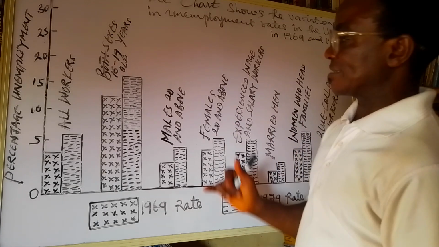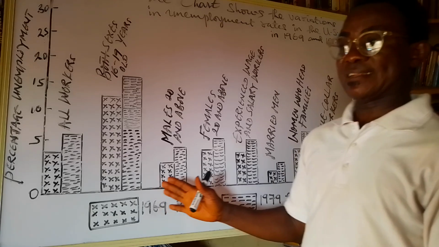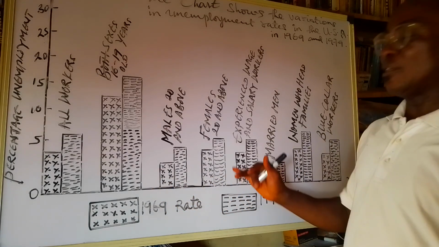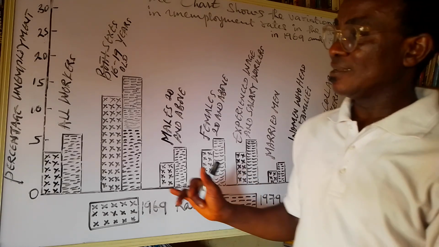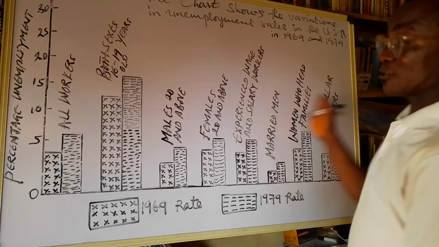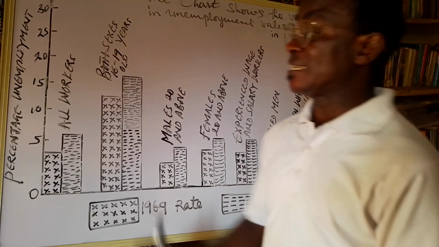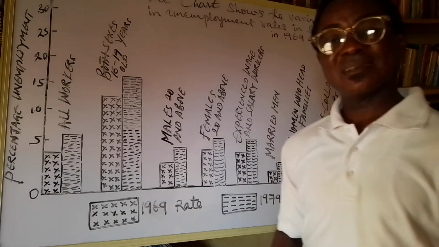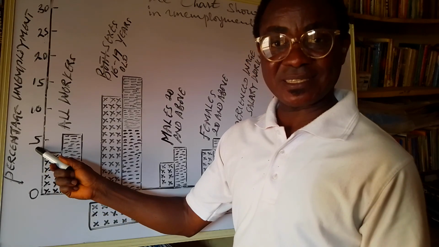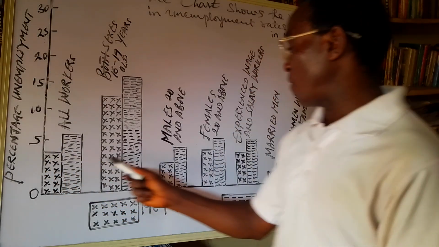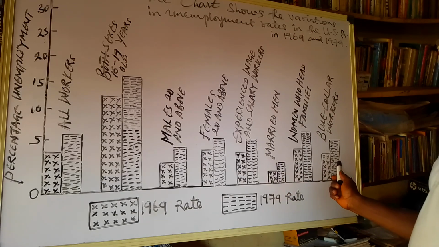So as you can see, 1969 recorded the lowest rate of unemployment among the 8 groups that were surveyed. For instance, the unemployment rate in 1979 all fell below 5%. You can see the bars represented.